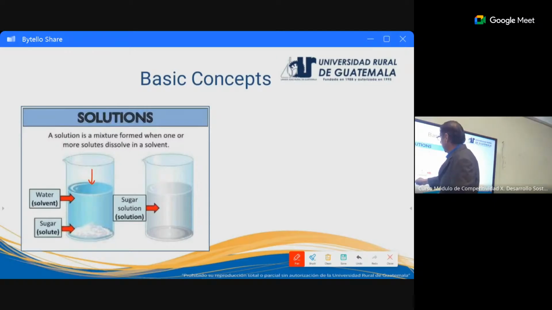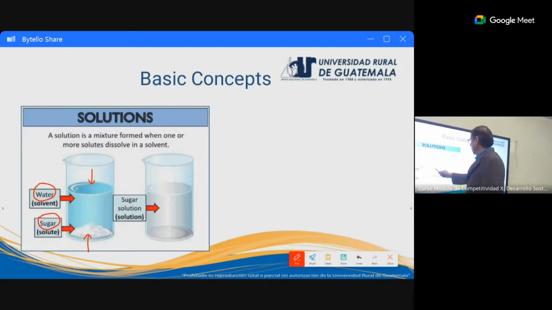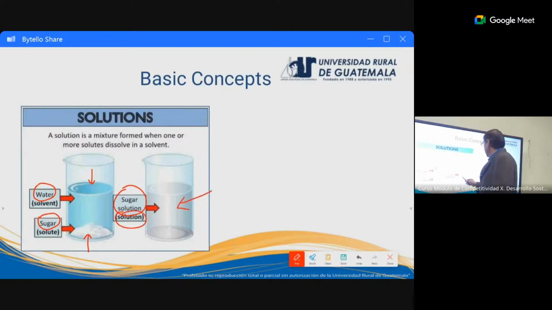And we also have a solute here that is sugar. Okay, so water is the solvent and sugar is the solute. When we mix them together, we will get the sugar solution here, like this one here. So this is the mixture that is called solution. Okay.